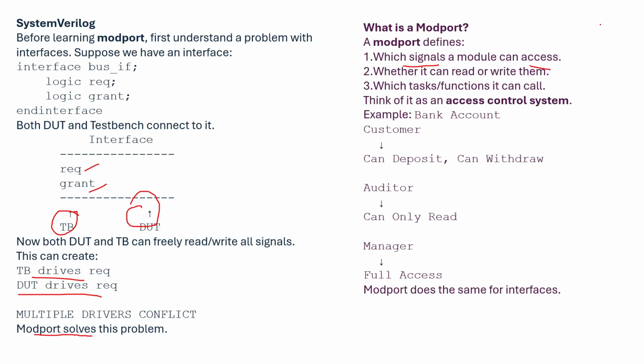He's saying the same thing: the auditor is read only, and the manager will have full access. The same thing here also. Mod ports work on the interface the same way. They define who will read, who will write, or who has full access. That is what mod ports tell you.